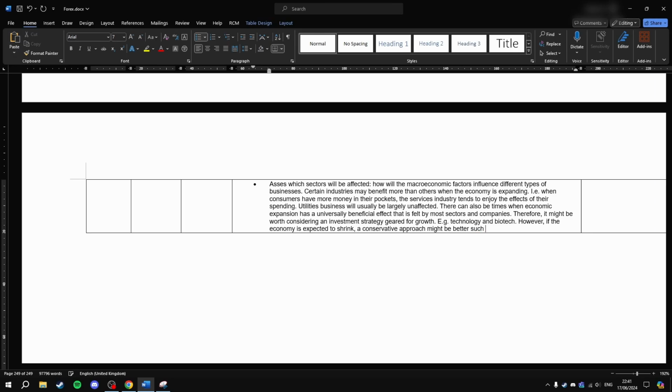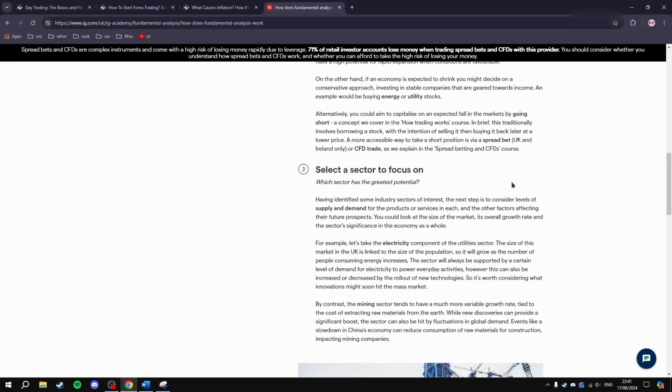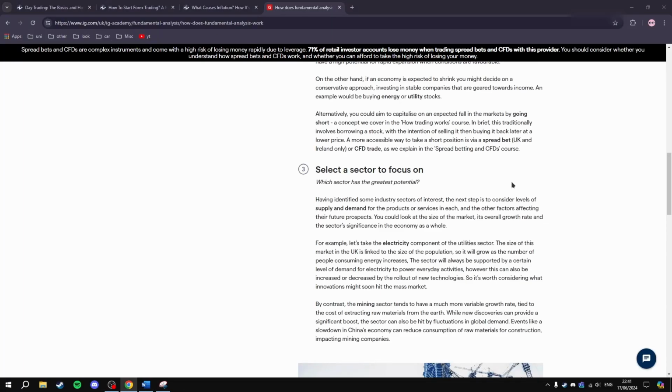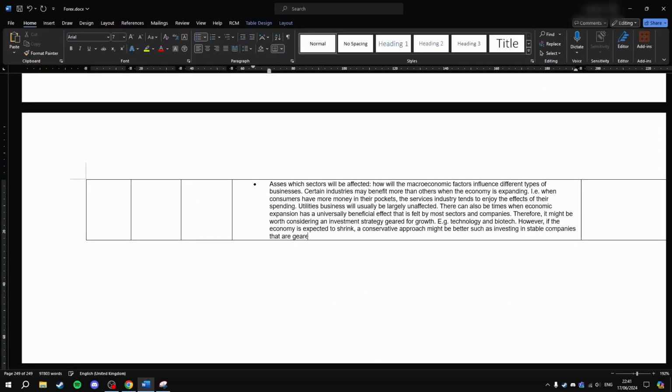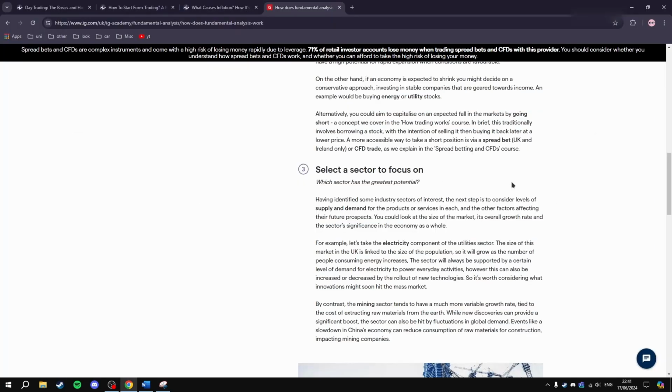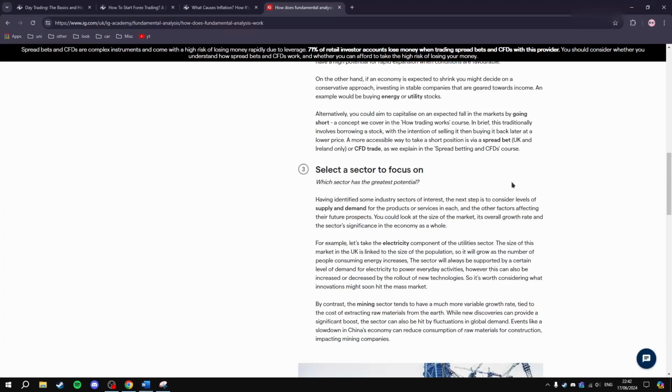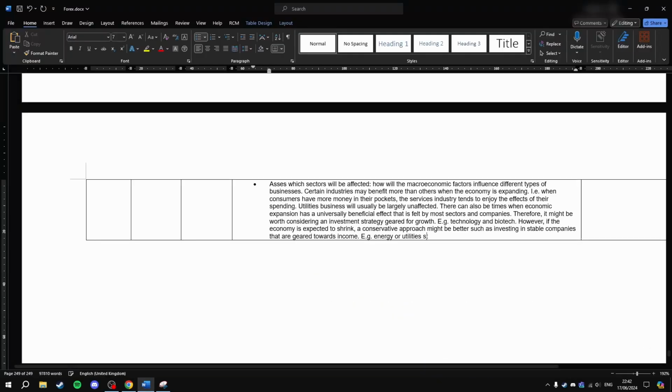Such as investing in stable companies that are geared towards income, e.g. energy or utilities stocks.